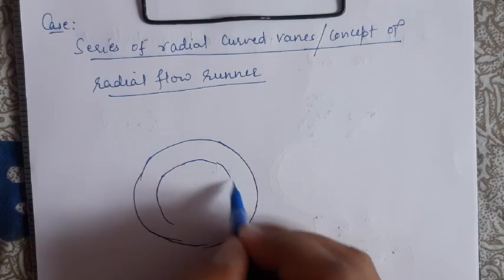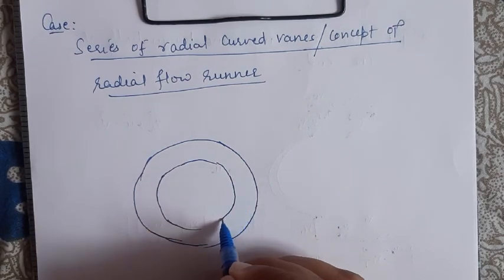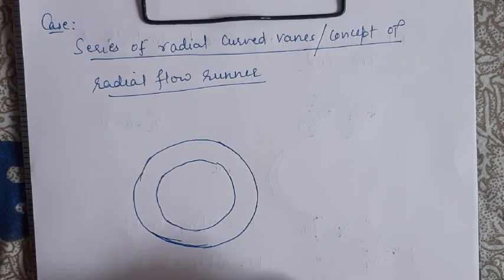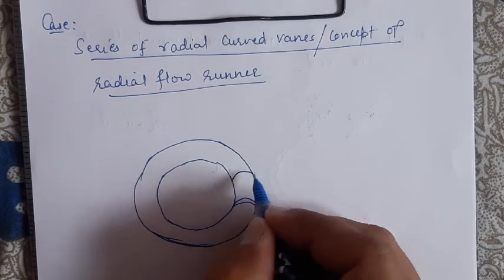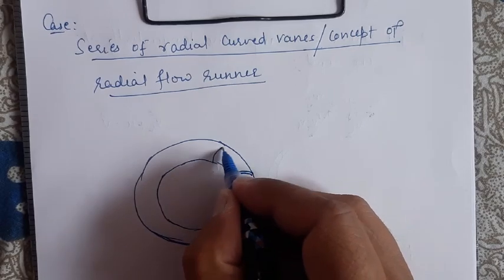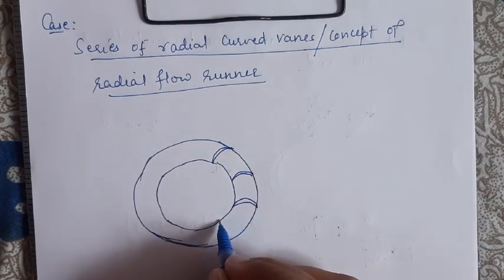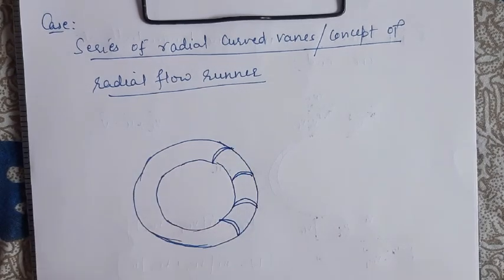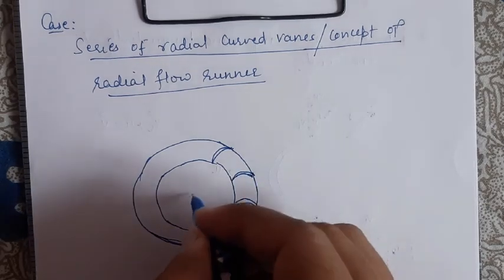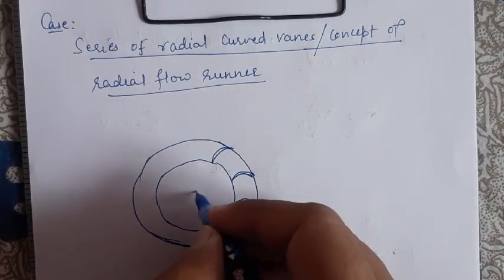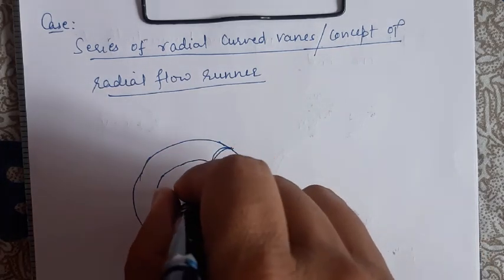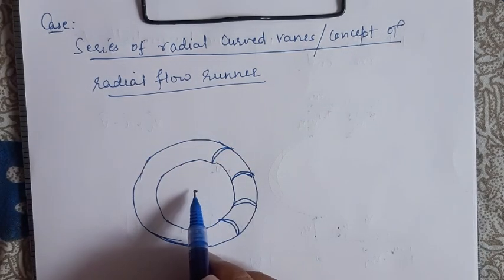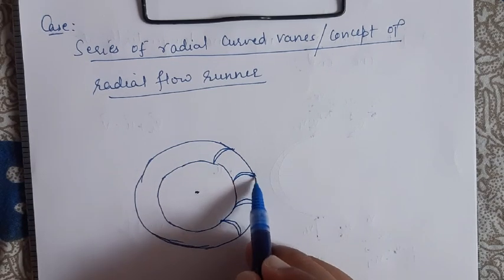For example, this is a runner and a number of vanes are mounted on the wheel, then it is known as a runner. This is the axis, perpendicular to the plane of paper, about which the series of moving vanes or the runner is rotating.